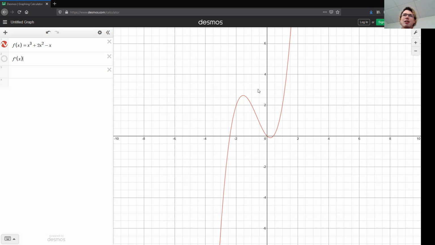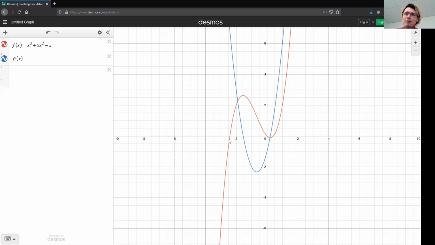Now, the really cool thing about Desmos for today is that because I have told Desmos the name of my function is f, Desmos can actually graph the derivative of this function for me. So here in blue is the function f prime of x. And I can check that all of my ideas about derivatives are graphically being verified here.